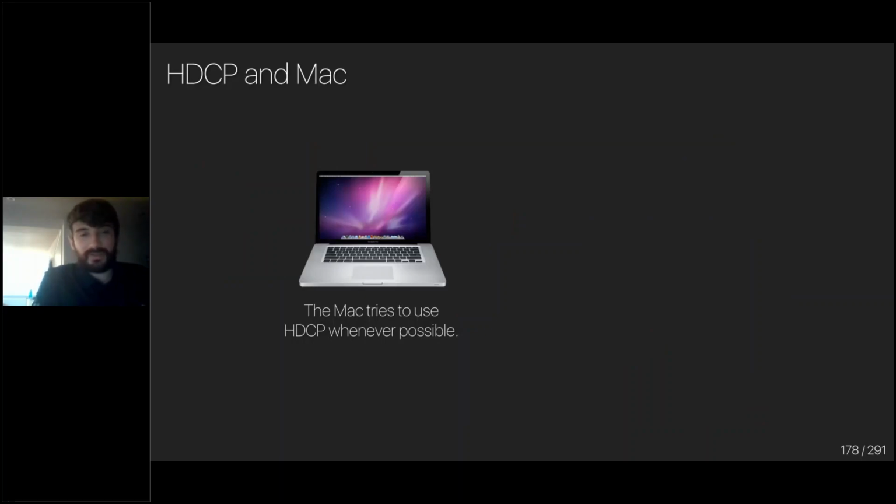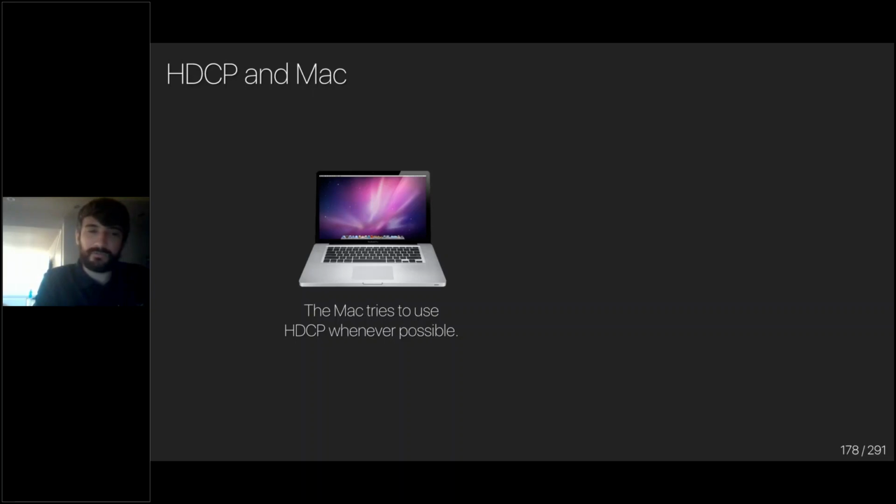So when we're talking about HDCP, we need to talk about Apple and Macs, because the way they handle HDCP can cause a lot of headaches. The problem with Macs is that they try to use HDCP whenever possible, regardless of what content's being played.